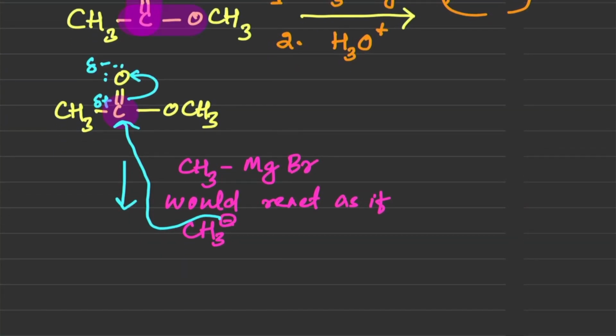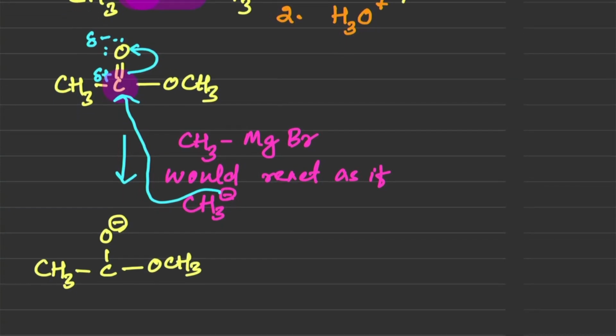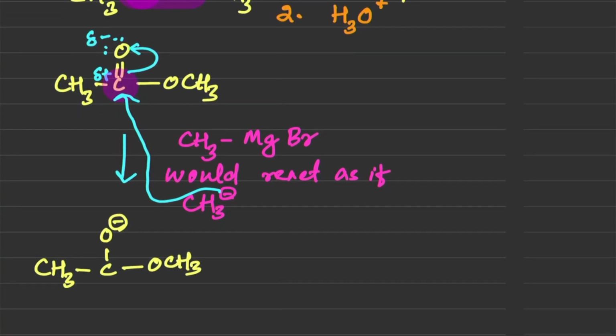So what is the product going to be here? Well, not the product, the intermediate: CH3C, O minus, OCH3, and we just added our Grignard reagent's CH3.